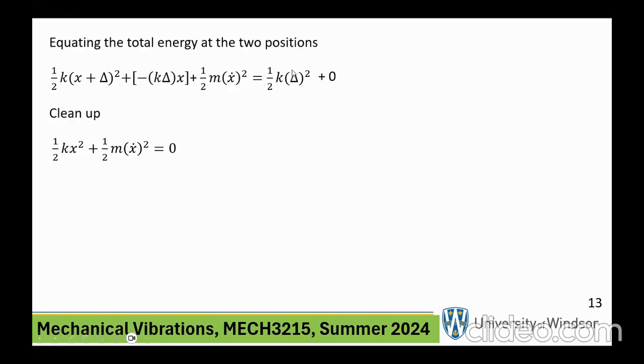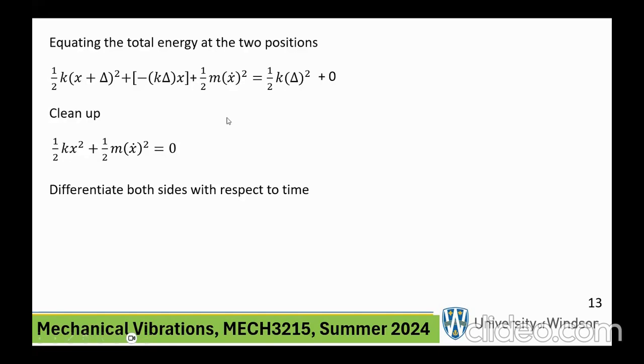This term on the right-hand side will cancel the first term over here, one half k delta squared. After a cleanup, you get this. This comes from the fact that we're saying total energy at the equilibrium position equals total energy at an arbitrary position.